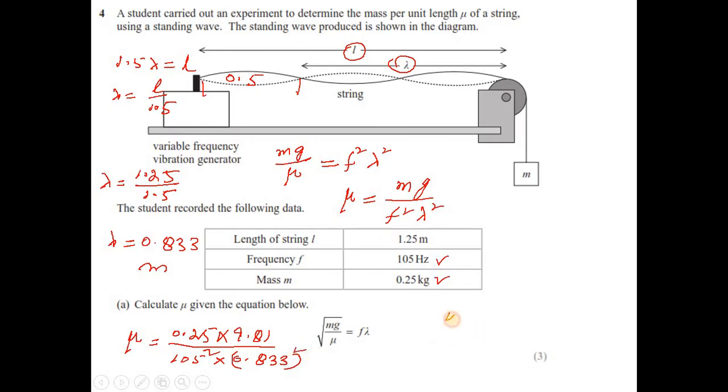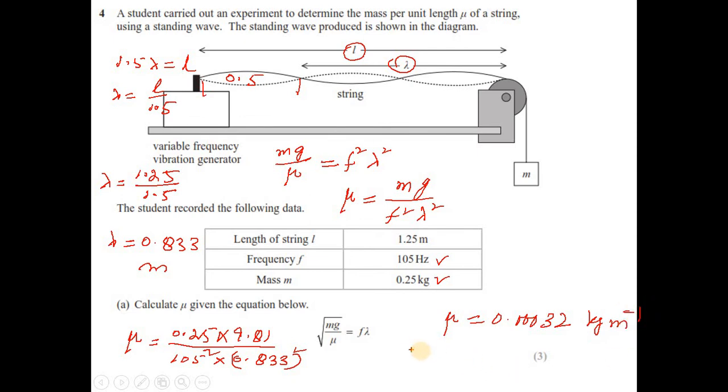So mu will be 0.00032 meter. No, it's a mass per unit length, so it is not meter, it is kilogram per meter.